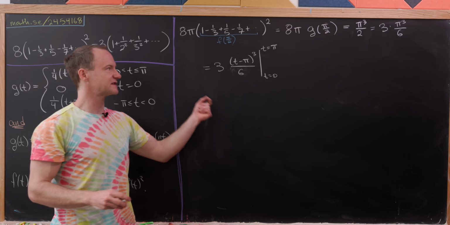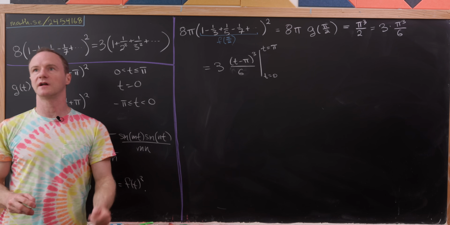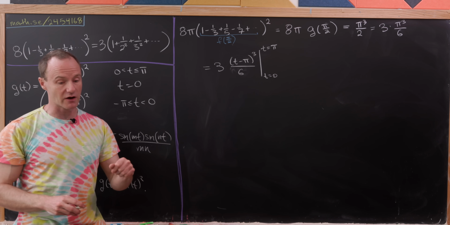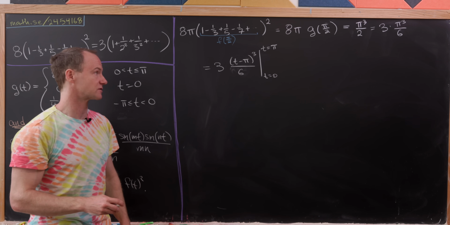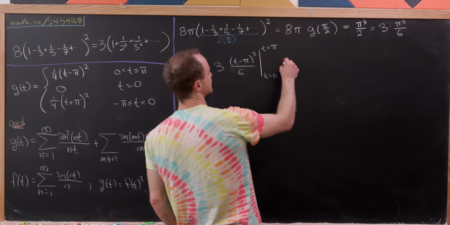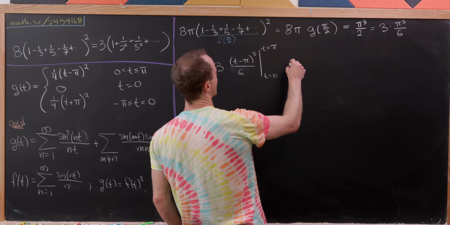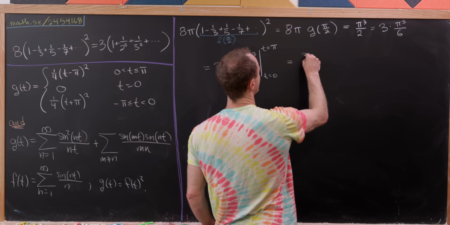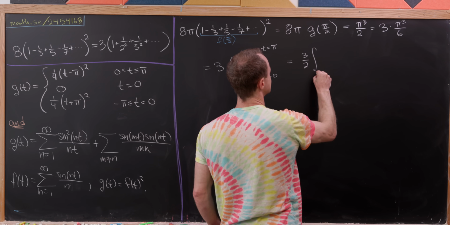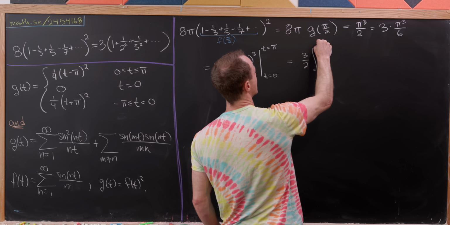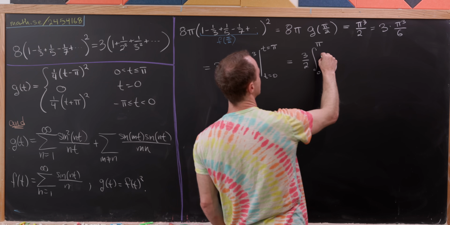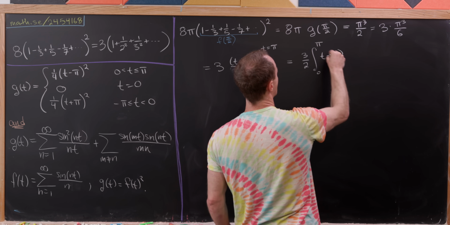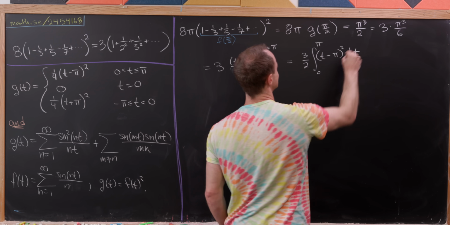But now I'm going to think about this evaluation as a 0th integral, and then take the fundamental theorem of calculus to write it as a first integral. Okay, so let's see. If we do that, we're going to have that this is equal to 3 over 2 times the integral from 0 up to pi of (t minus pi) squared dt.